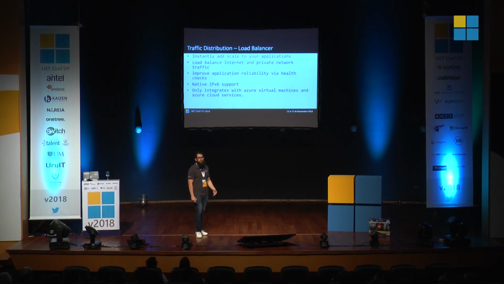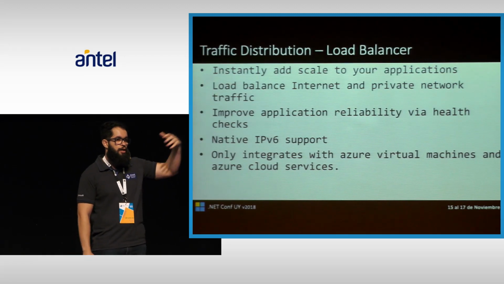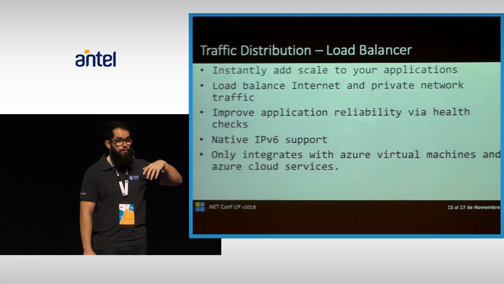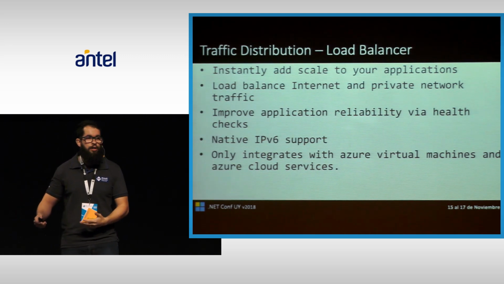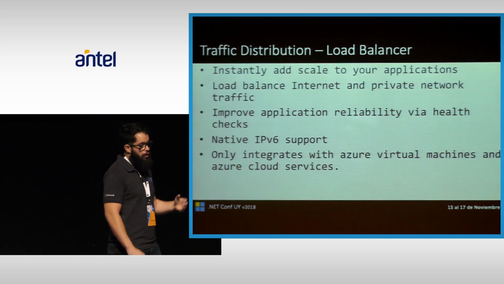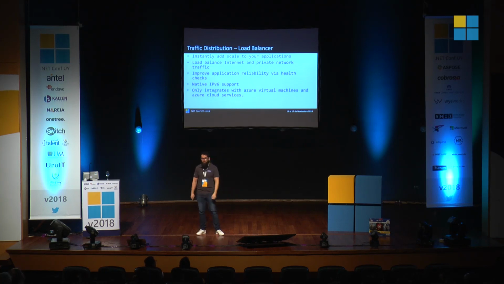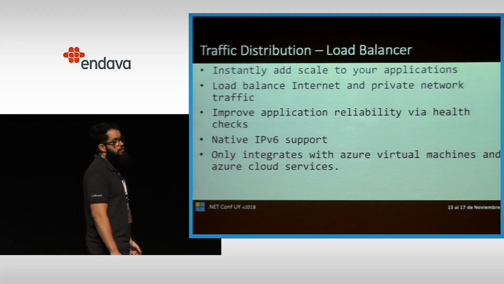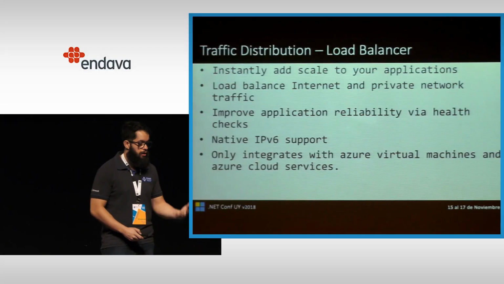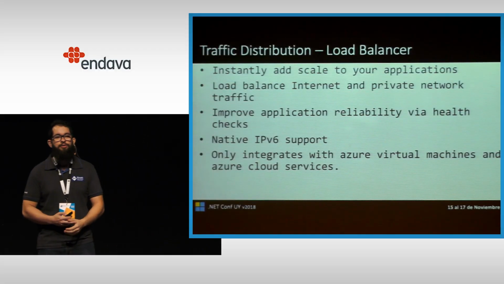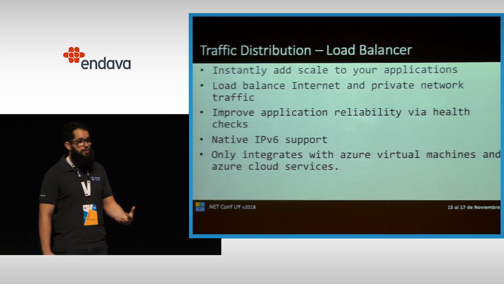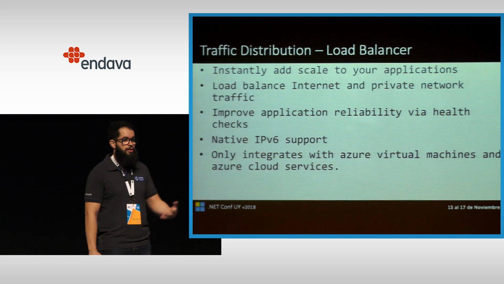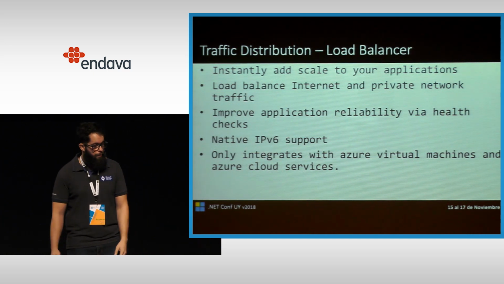You can use it to load balance external traffic from the internet, or you can use it inside your virtual network. It has native IPv6 support also. Application Gateway doesn't. But the major downside is that it only integrates with Azure endpoints. So if you are using an Azure load balancer, you can only integrate with Azure virtual machines and cloud services.